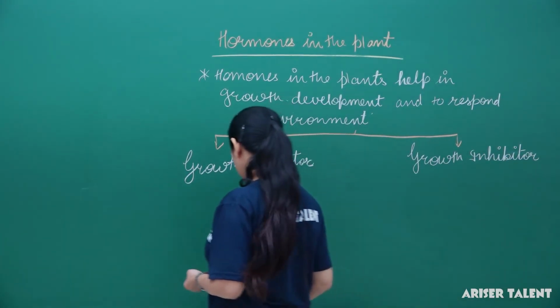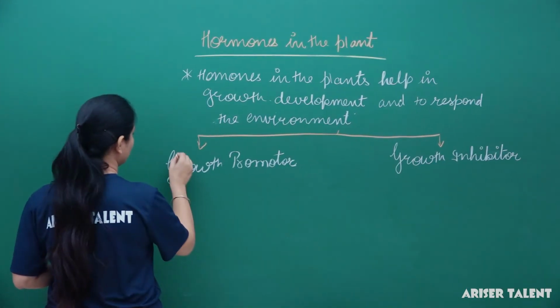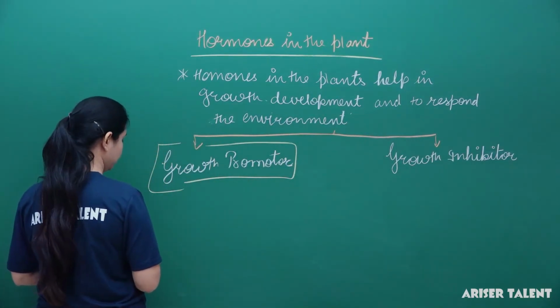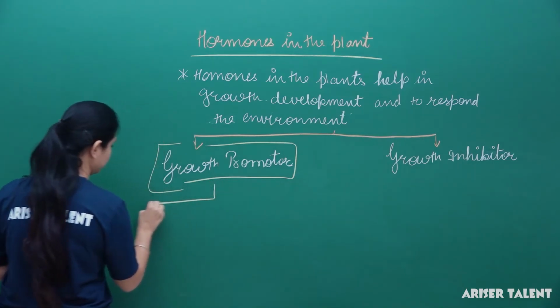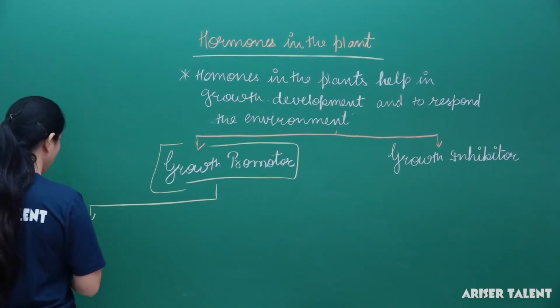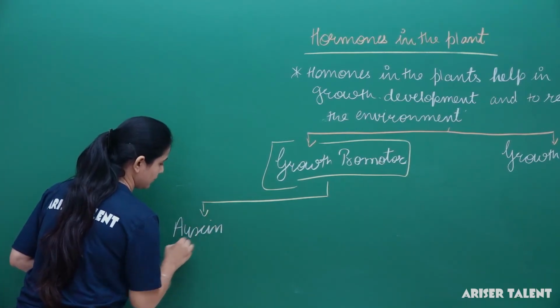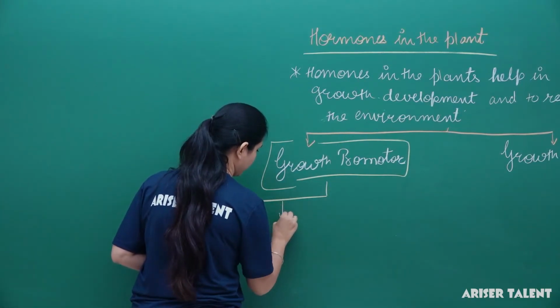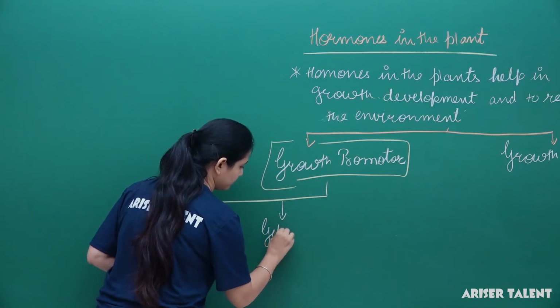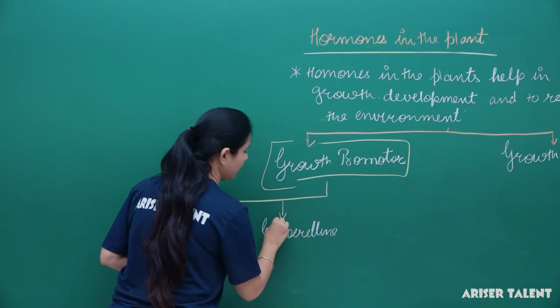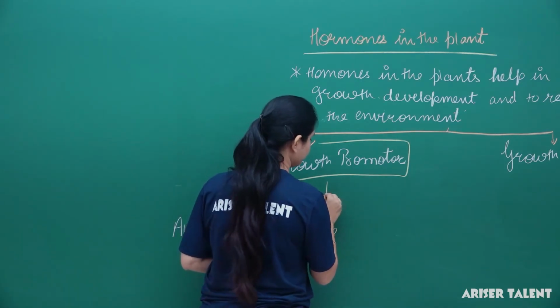So hormones which are known as growth promoters: again, they are of three types: auxin, gibberellin, and cytokinins.